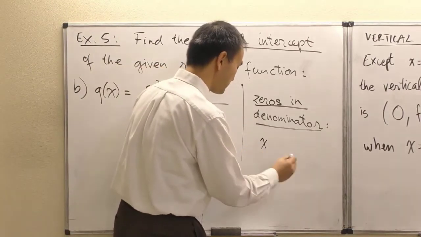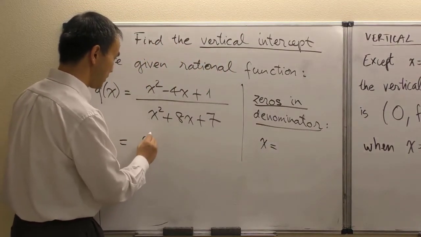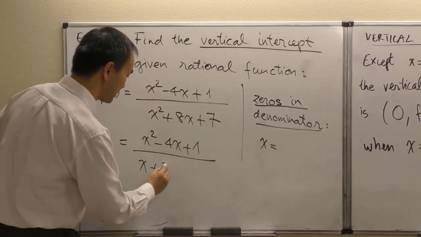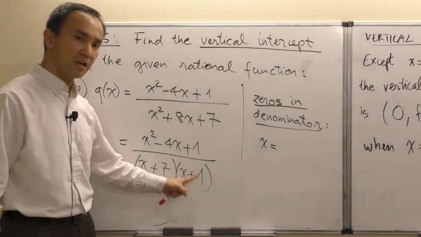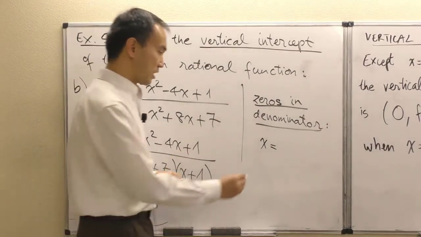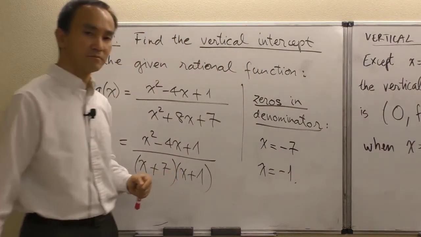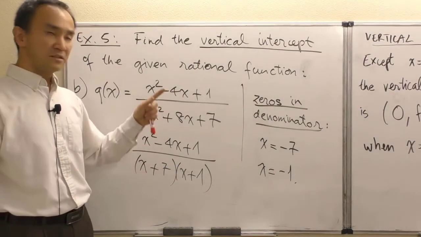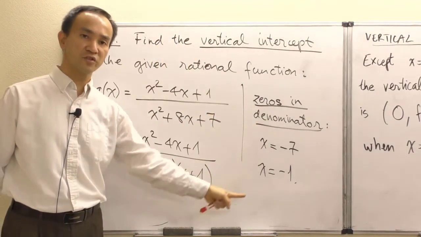On scratch work, x squared plus 8x plus 7 can factor into x plus 7 times x plus 1. These two factors are responsible for two different zeros: one at x equals negative 7, and one at x equals negative 1. That tells me that x equals 0 is not among the zeros in the denominator.